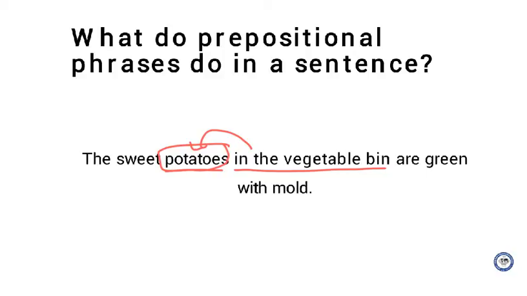In this case, this prepositional phrase functions as an adjective. If you look at the second prepositional phrase, which is with mold, and you ask the question, what kind of green are they? The word green here is actually a predicate adjective, which is following a linking verb.